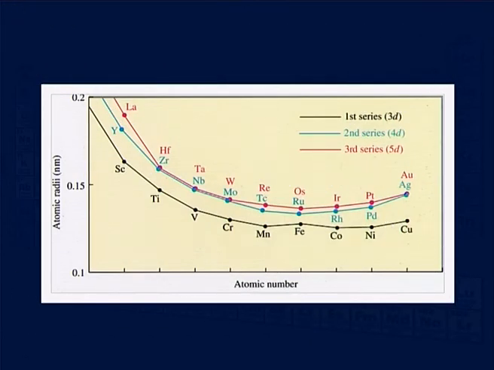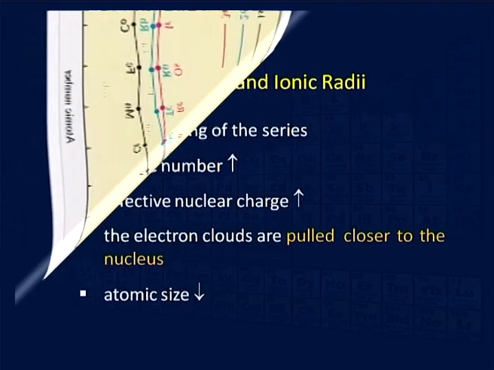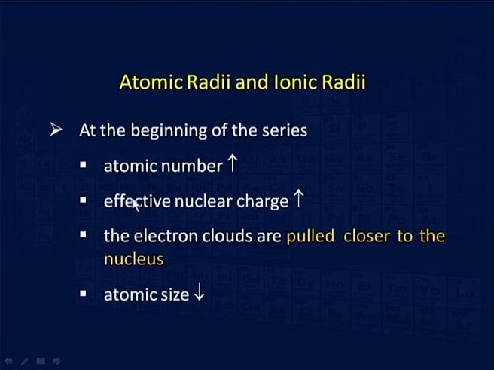This figure shows the comparison of the trends in the atomic radii of the first row transition metal ion with those of second and third row transition metal ion. Now, at the beginning of the series, as we know, the atomic number increases and therefore the effective nuclear charge will also increase, and the electron cloud gets pulled closer to the nucleus, and because of this the atomic size of the atom decreases.